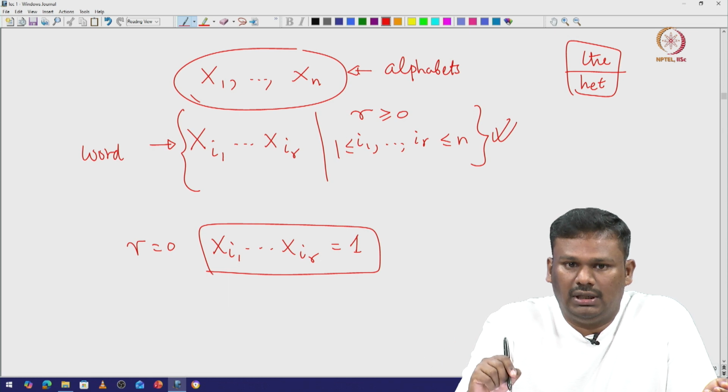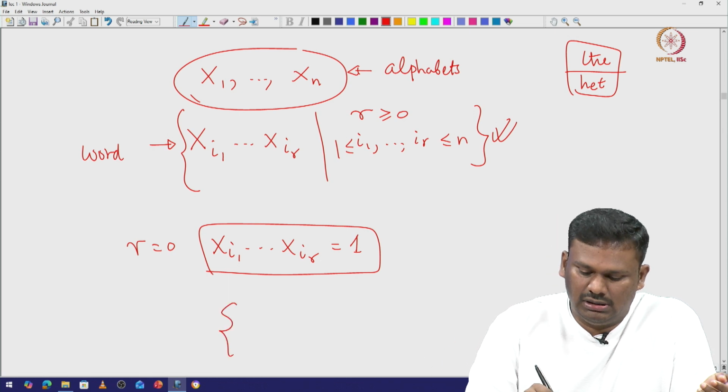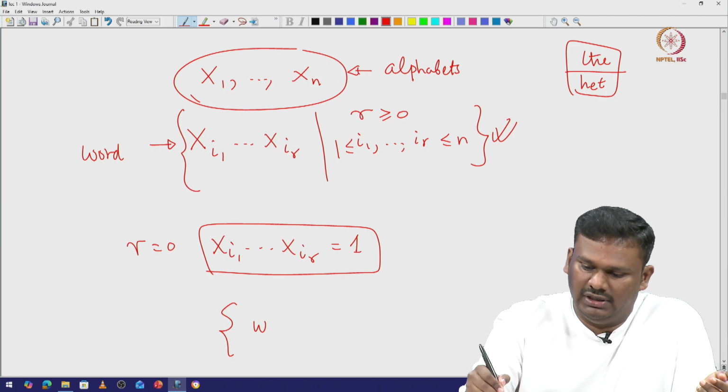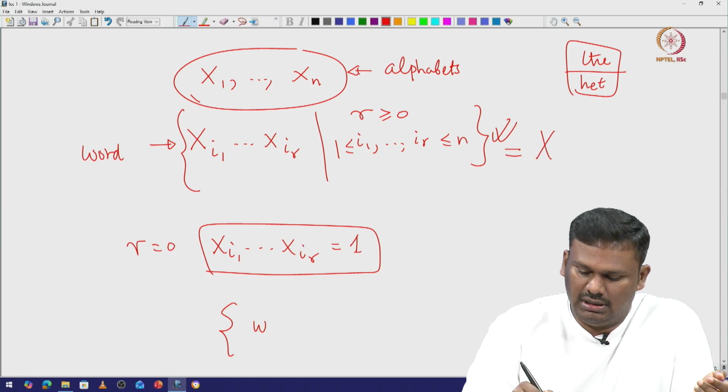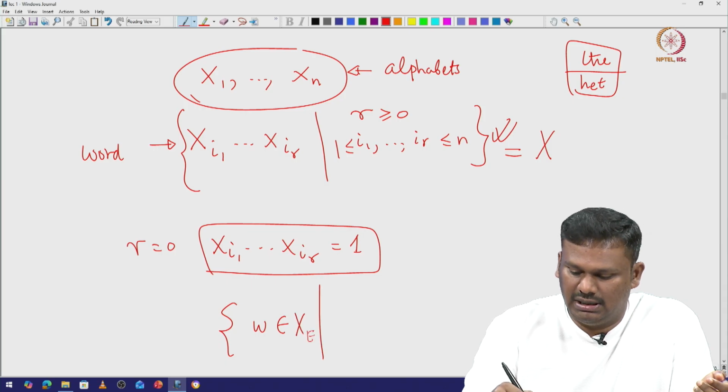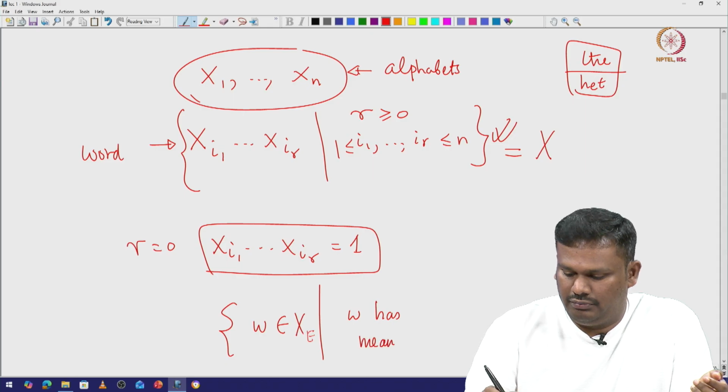Now, what I do is collect those words, let us say this is my capital X, those words W in X, such that W has meaning in English.